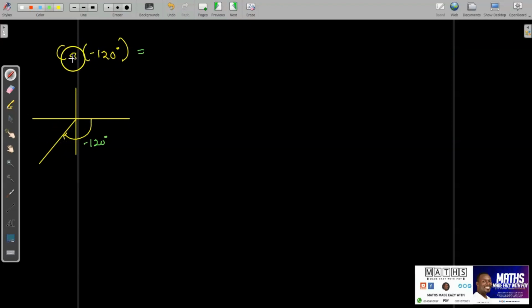So it means cos of negative 120 degrees is going to be the same as negative cos of 120 degrees. But then the question again is, what special angle can we get from 120 degrees?